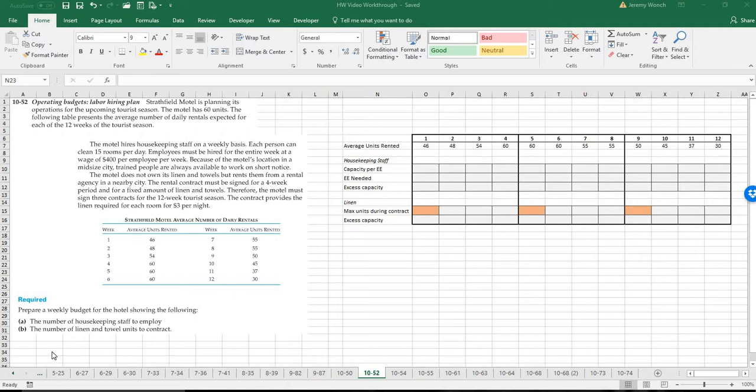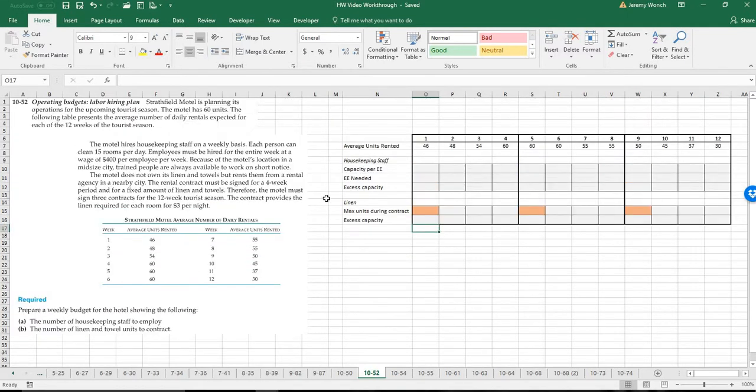It's going to ask us how much housekeeping staff we hire, and how many linens and towels we order for each contract. So we have this little table built over here, with the 12 weeks of the tourist season, and we just took these numbers for the average rental and plugged them in across here.